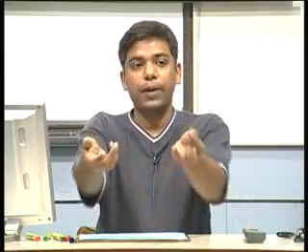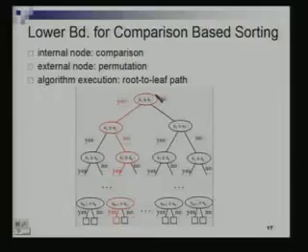At the first step it is going to ask me to compare two elements of that array. Let's say those elements are at positions S1 and S2. So my very top node here is whether S1 is greater than S2 or not. It's going to ask me this, and I am free to say whether one is less or whether one is more based on what my comparator function says.